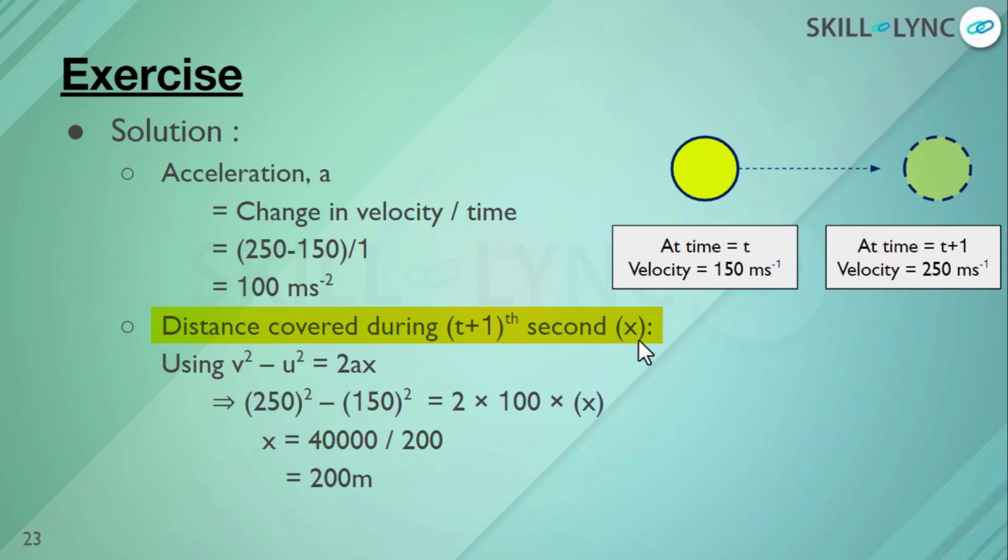The second part of the question was the distance covered during the t plus 1th second, that is denoted by x, distance. Okay. So applying the third equation here, which was v square minus u square = 2ax.